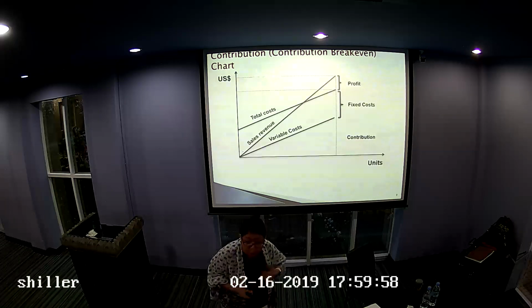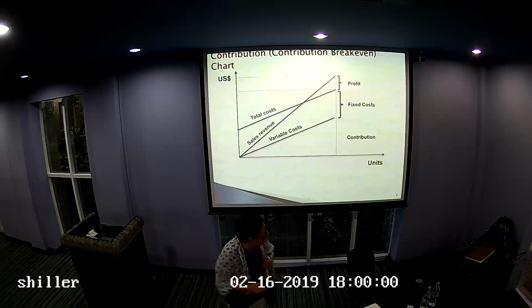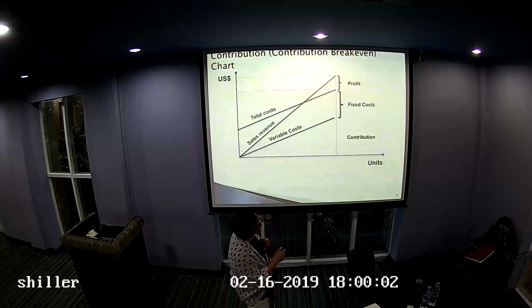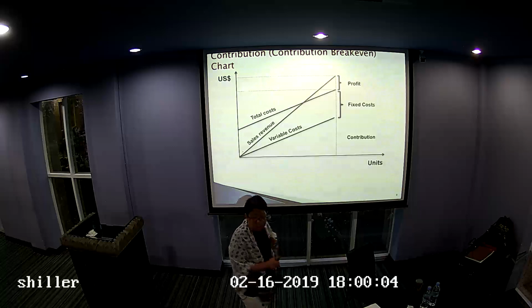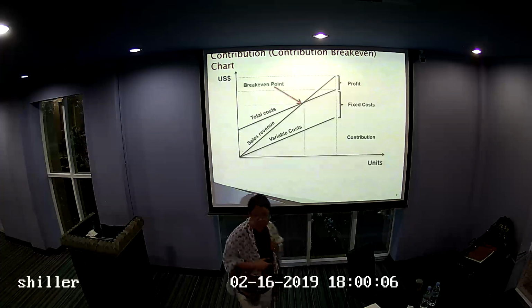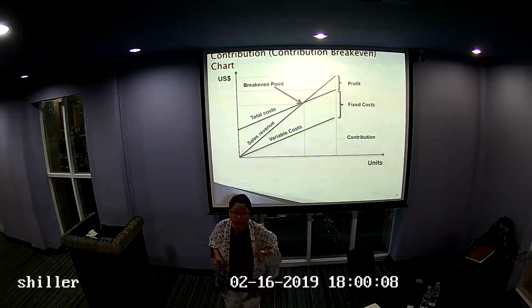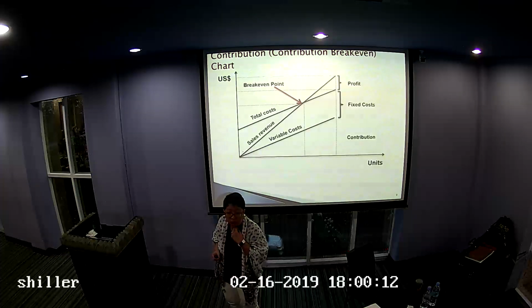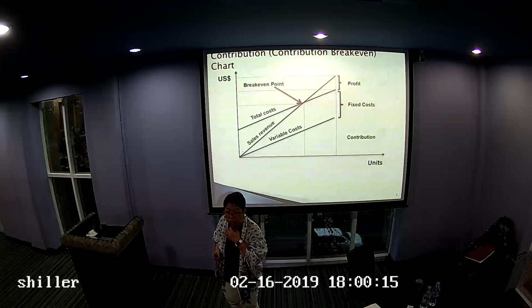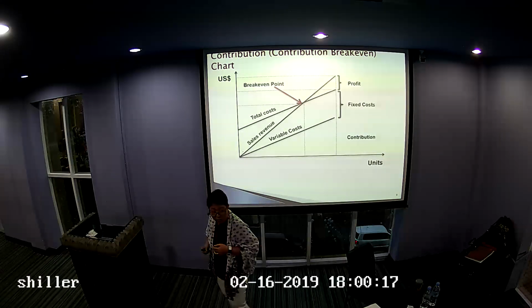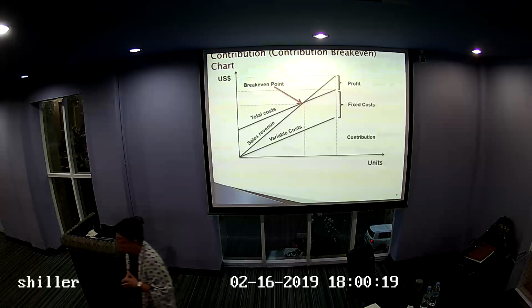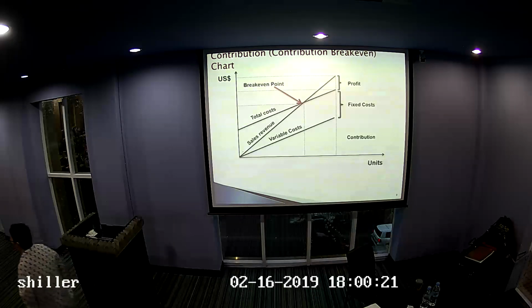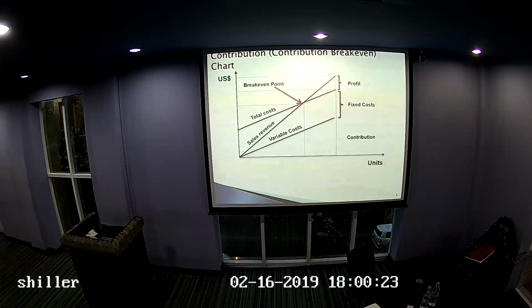Again, I will repeat. It's supposed to show me contribution, correct? The word contribution is there. Does it show me break-even? Yes, it's there. But there's something wrong. Or am I wrong? Do you agree with this chart or not?